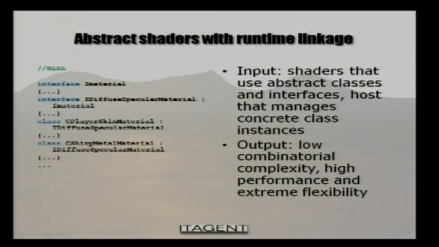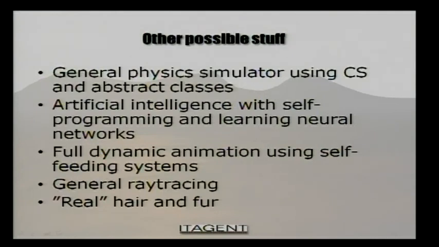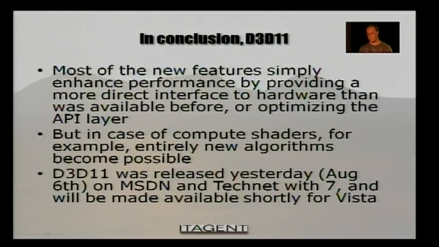Not at the shader runtime, because the shader runtime doesn't have linking capability. But from the CPU side, we can assign implementations to the shader classes. And that's very fast, even on RefRast. But I don't have a demo for that. There's some stuff I can talk about with you outside the seminar room if you're interested.